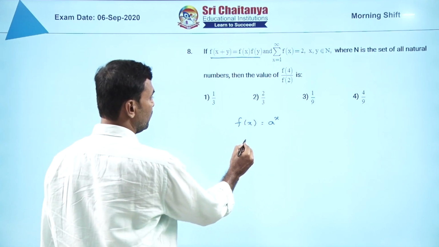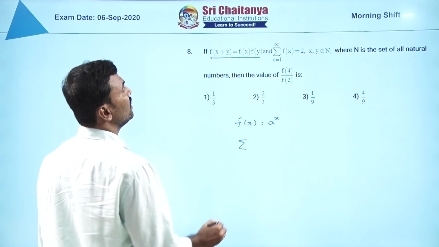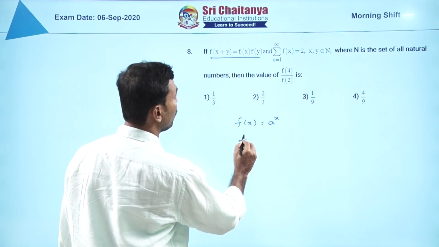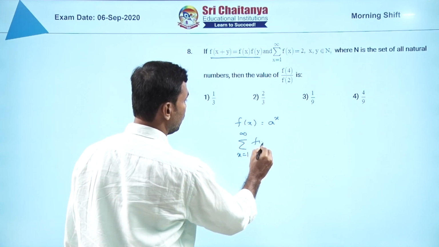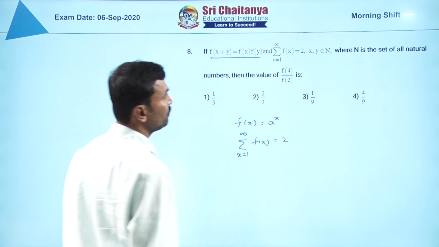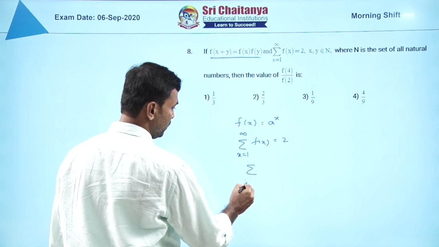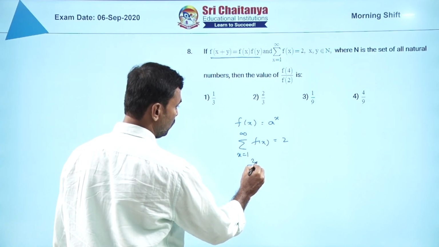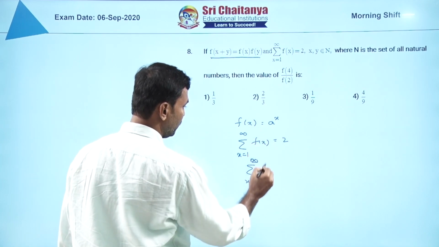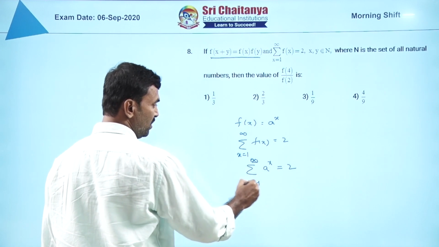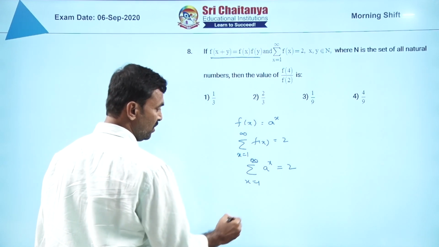Now, he has given the second condition: the sum from x equal to 1 to infinity of f x is equal to 2. Means the sum of a power x is equal to 2. This is an infinite geometric series.